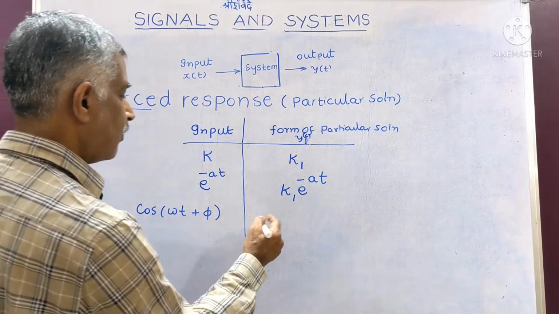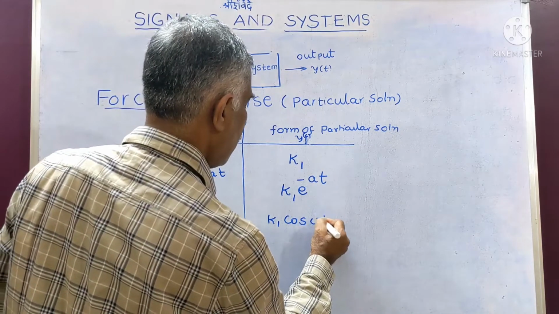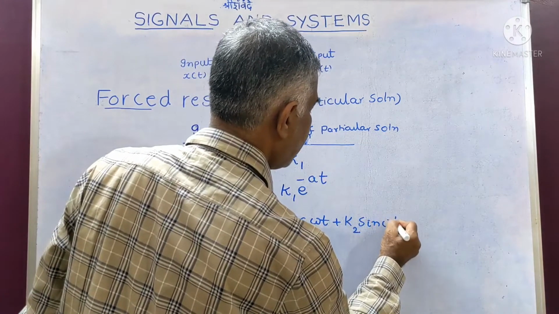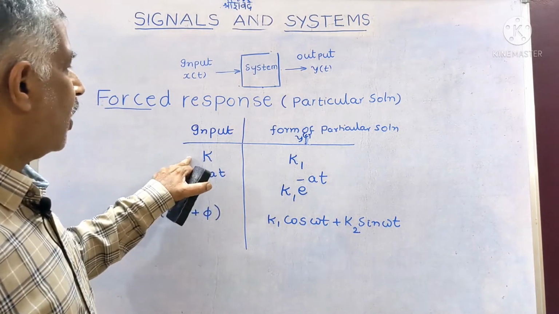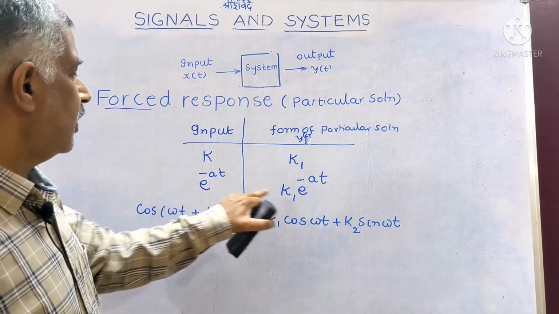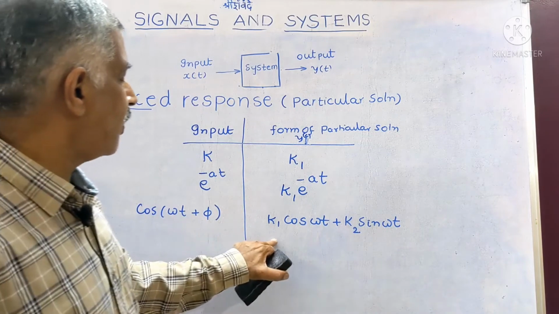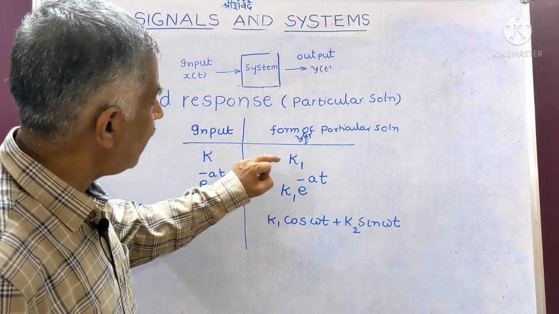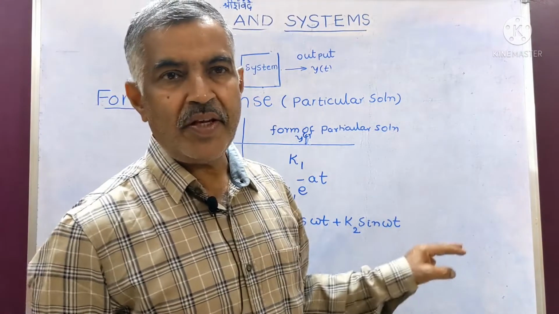Then the solution is of the form k1 cos omega t plus k2 sin omega t. So this is the form for a constant, another constant, the exponential function k1 e power minus at, and for cos(omega t plus phi), k1 cos omega t plus k2 sin omega t. We have to evaluate these constants. When I take a problem, I will explain.